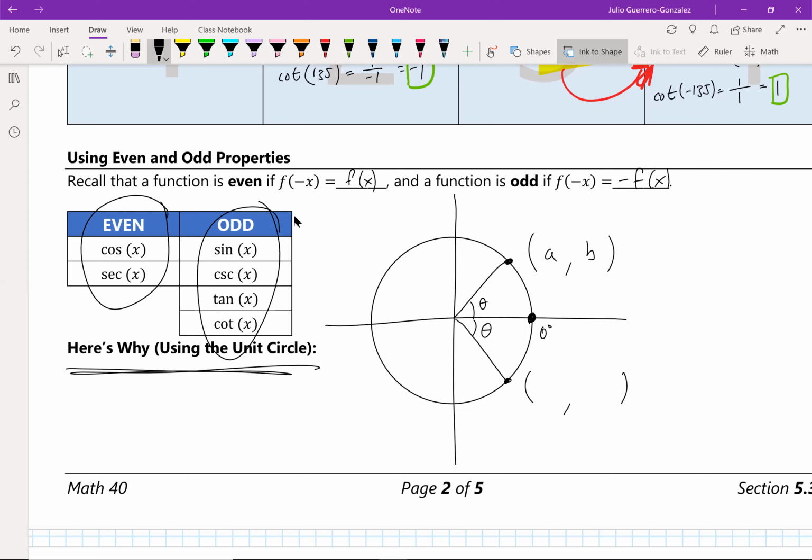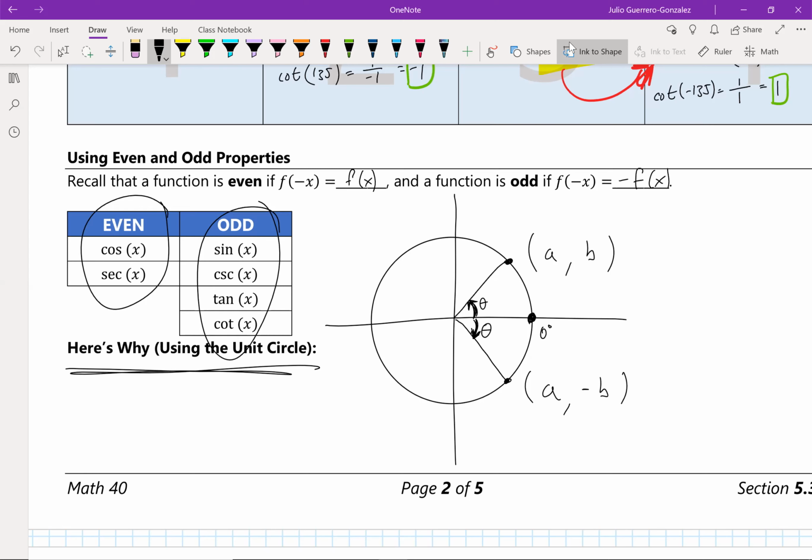Right. So the A is going to remain positive, and the B is going to be negative. Now we're going to look at the direction that we went. That was going to be a positive angle theta. Make sense? And this one was going to be a negative angle theta, right?